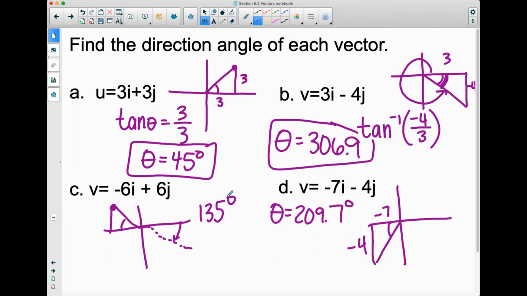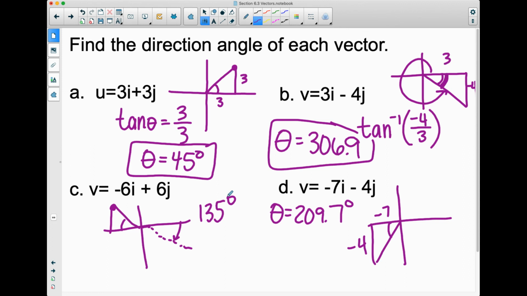It's just 29? The inverse of -4 over -7 gets you 29.7, and then you add 180 to that. So 180 plus 29.7 is 209.7.